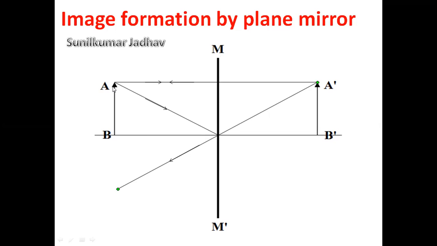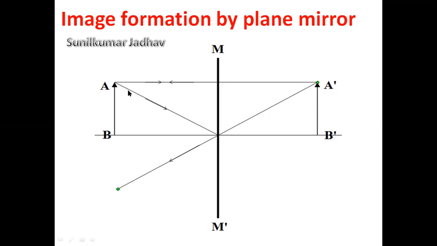Now we'll consider two rays emerging from point A. While we are talking about the formation of an image, a minimum of two rays are required to form the image. So here I will take two rays emerging from point A. Let us consider ray number 1.